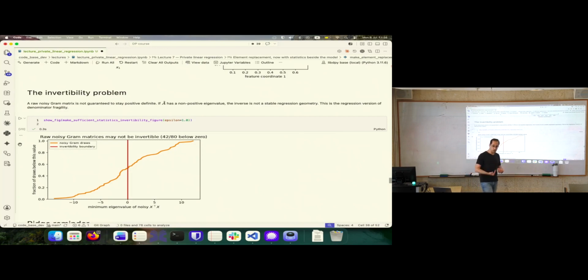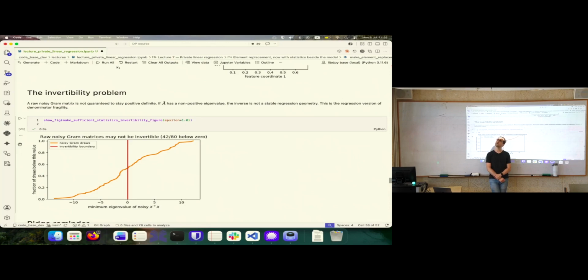So the smaller the minimal eigenvalue, the less noise you need in order to make it cross the threshold to be 0. Don't you need to hit exactly 0? No, you don't. You become negative.